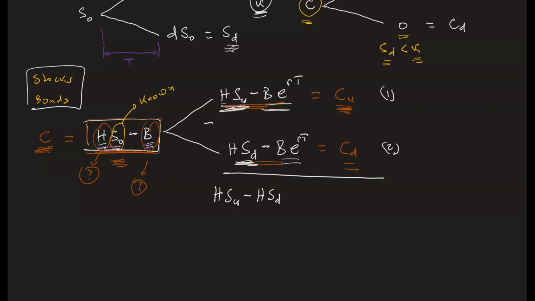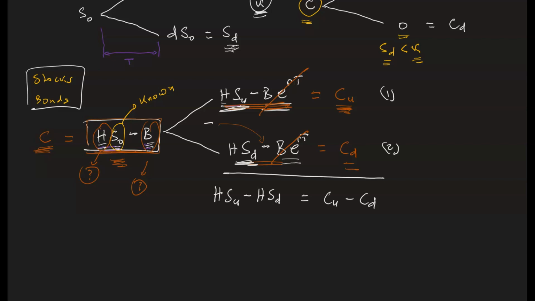So that's really equal to B future value plus, because these two minus multiply each other, that becomes plus B future value. So these cancel each other. And at this point, what we have is call up minus call down.